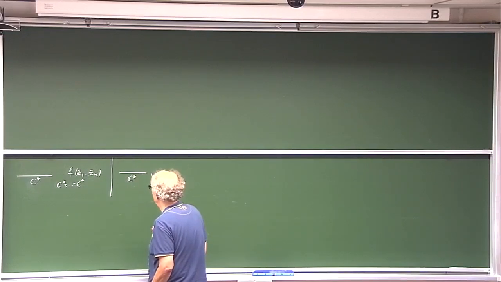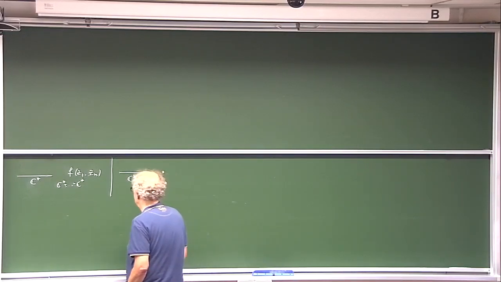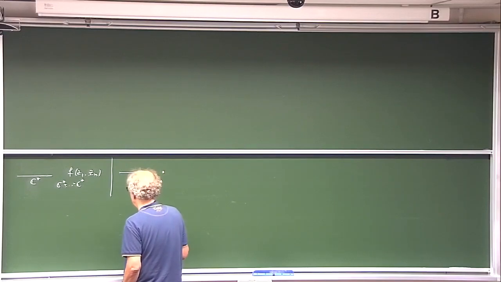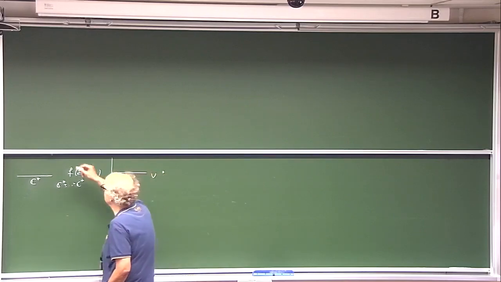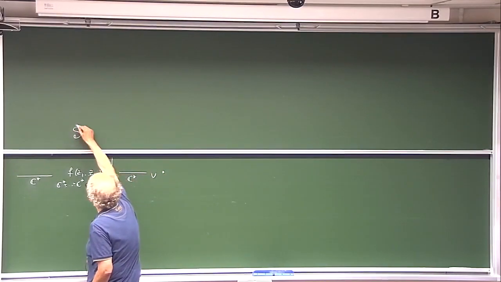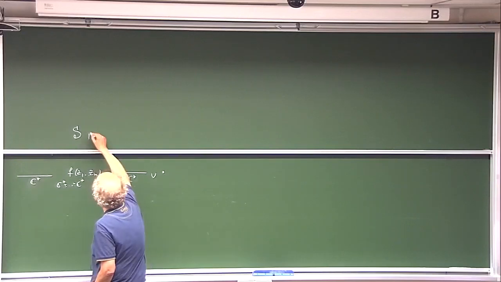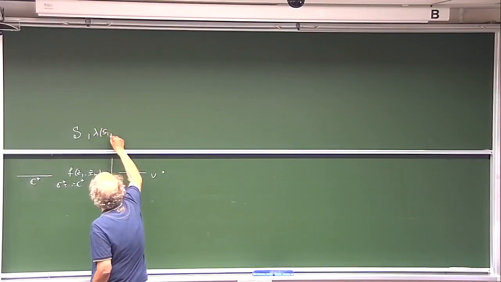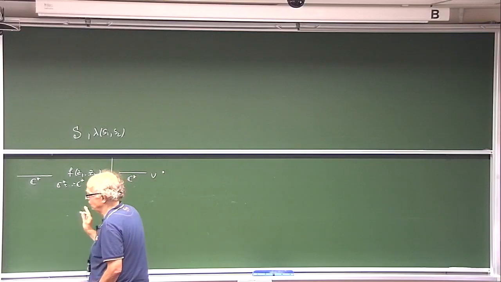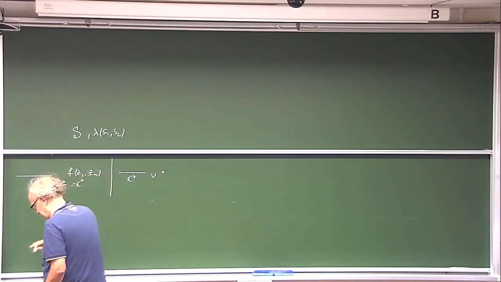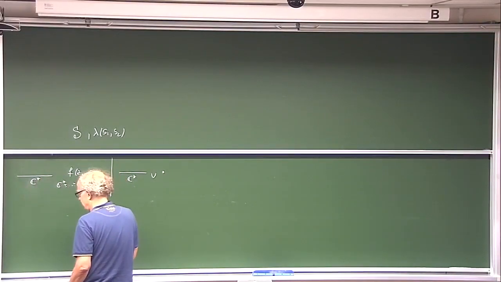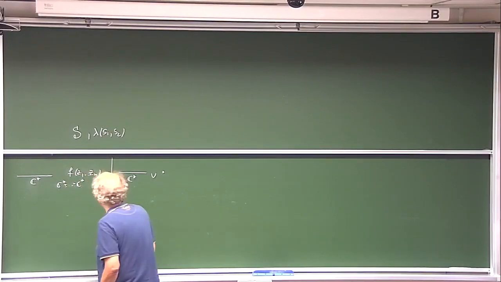The construction of the shuffle algebra is always the same. For a shuffle algebra we need some set S and some function lambda in two variables, S1 and S2, and then we write this star product and get the algebra.